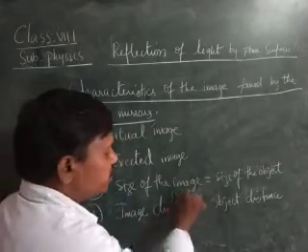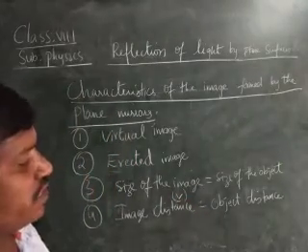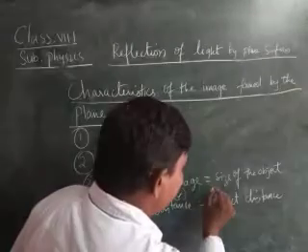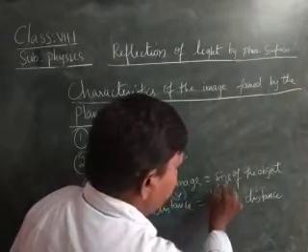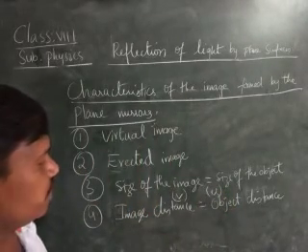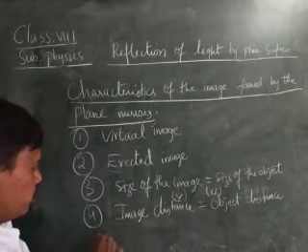Normally we denote the image distance by V. And the distance from the object to the mirror is called the object distance. Normally we denote it by U. Therefore V is equal to U. Image distance is equal to the object distance.